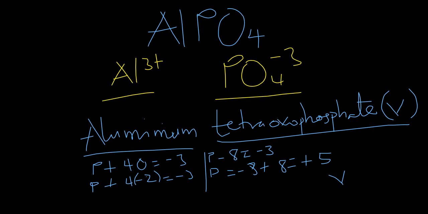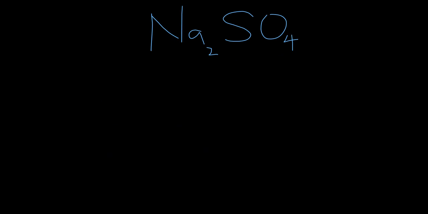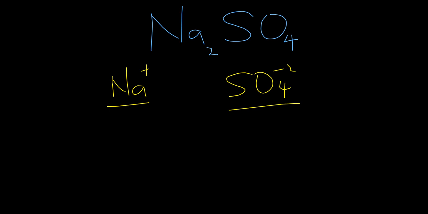So we have sodium here, which is plus 1, forgive me, and sulfate SO4 minus 2. We name them separately and join the names together. So the first item will be sodium.